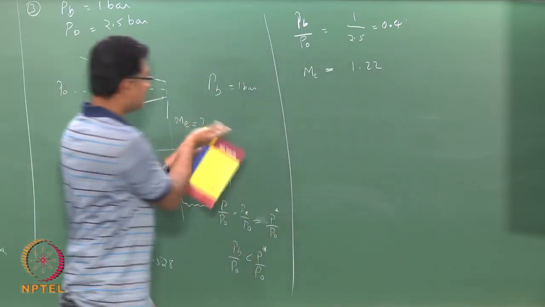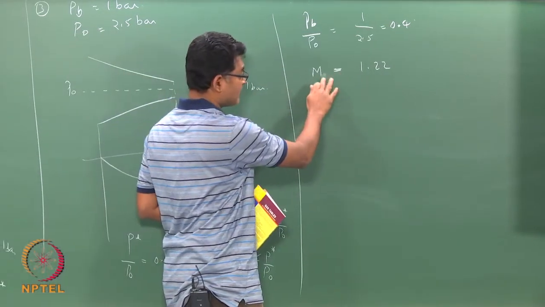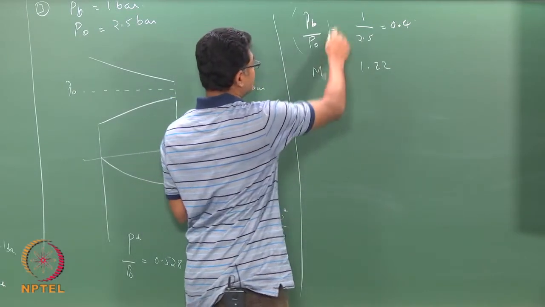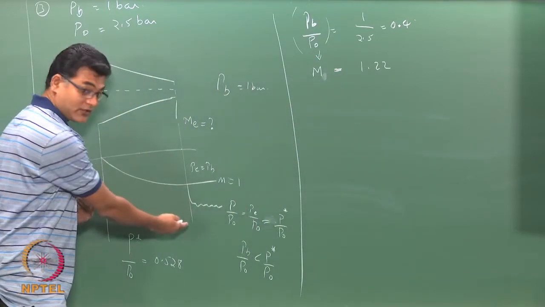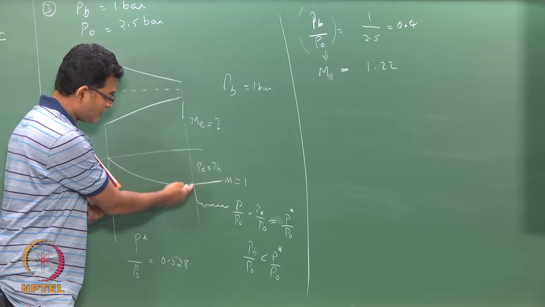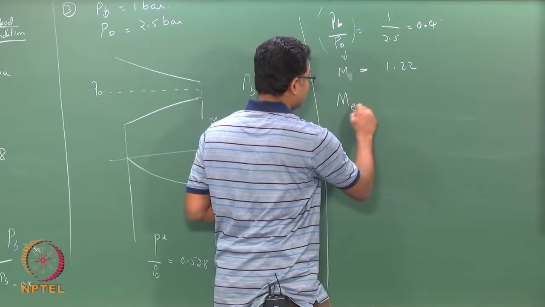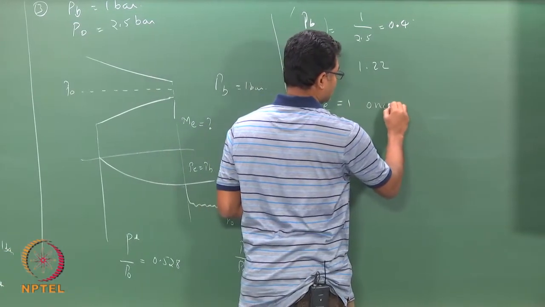Since there is no diverging section, you cannot get this value. So, this is not the exit Mach number. This is the Mach number associated with this pressure ratio. But after the choked condition, whatever you do, the exit Mach number is not going to change. Exit Mach number is always going to be 1 once you reach your choked condition.